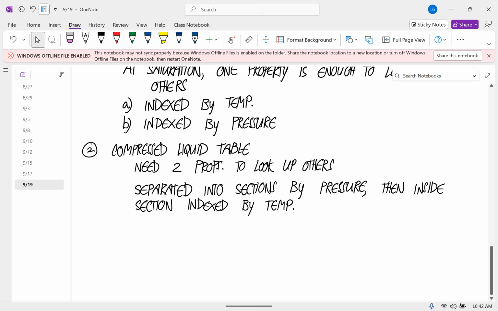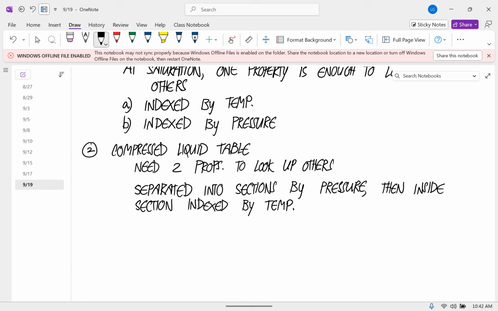A compressed liquid is the term for liquid that is not saturated liquid. For example, at standard atmospheric pressure, water at 50 degrees Celsius is compressed liquid.